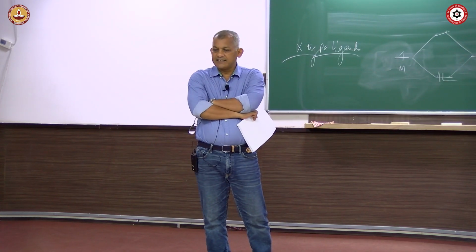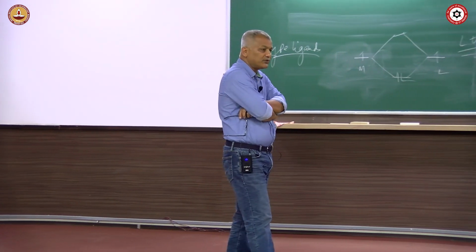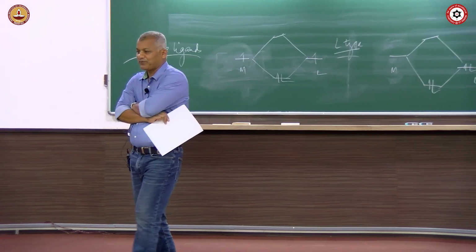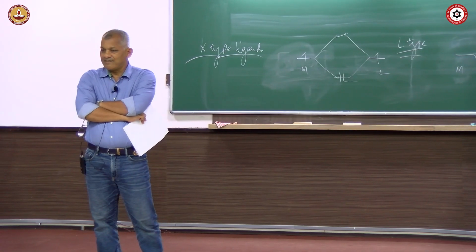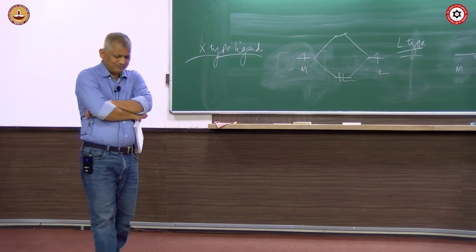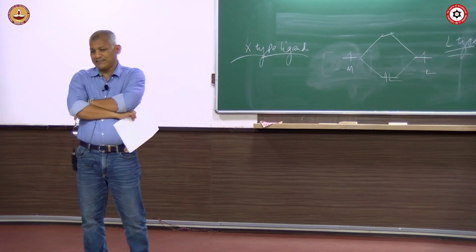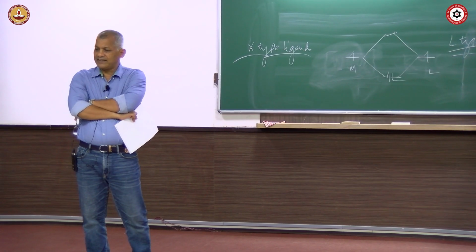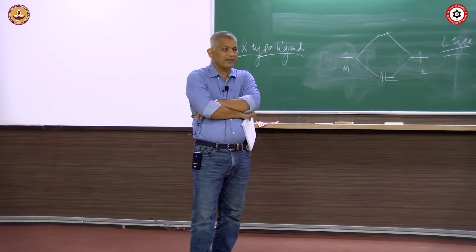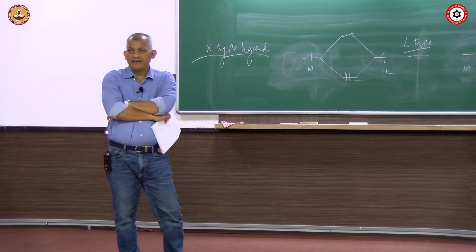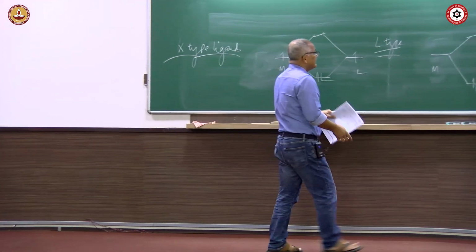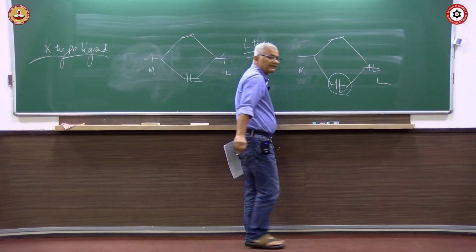Can you tell me some ligands that give 2 electrons? Carbonyl, very good. Any other ligand? Oxalate, although it gives electrons, in this case it is a little different. Any other neutral ligand could be phosphine, or NH3. So in this case the ligand contributes the electrons and you get the bonding.